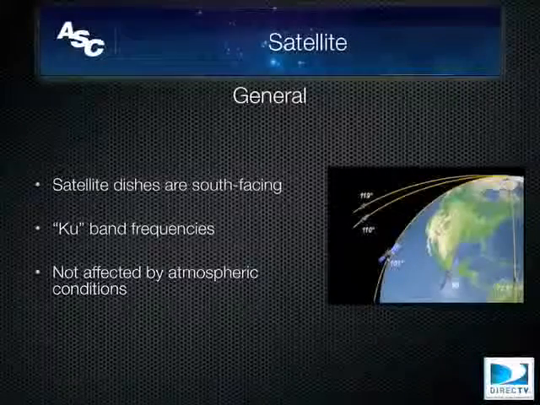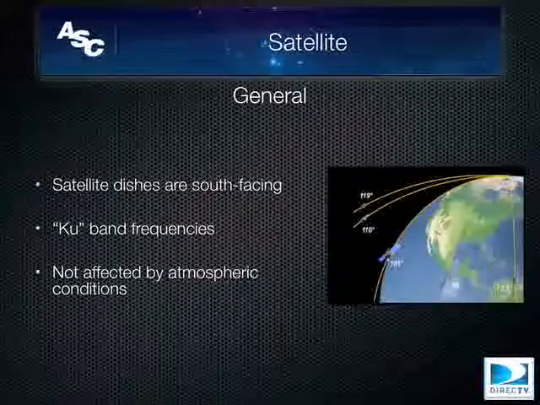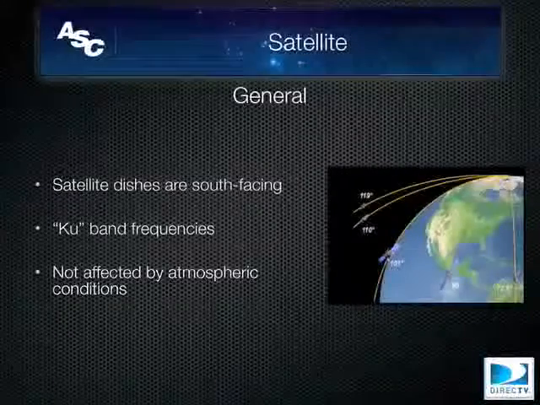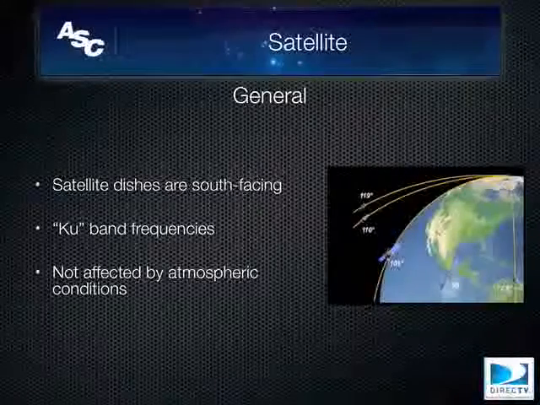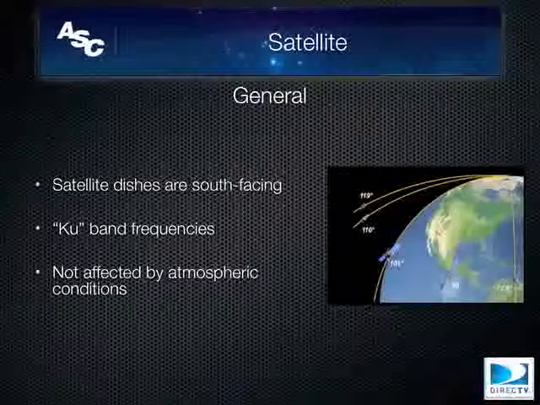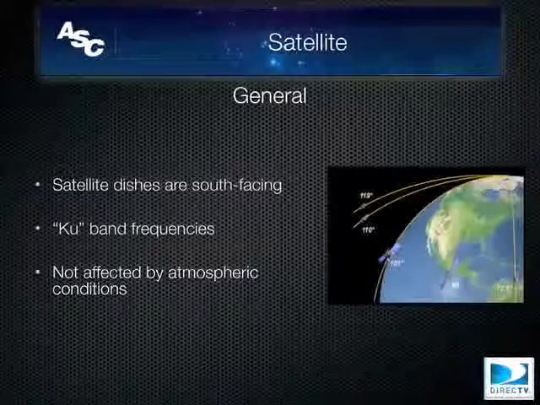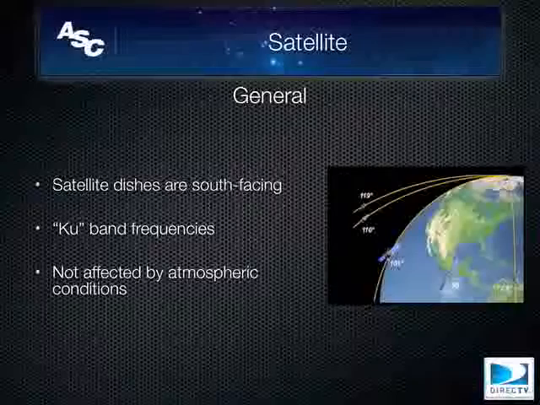Okay, satellite dishes. In your diagram, you're looking at some orbital slots. But what's notable is that all of those slots are roughly over the equator. The reason for that is satellites orbit above the equator, which is the only geostationary orbit possible. All North American satellite dishes must be south-facing to receive a signal.